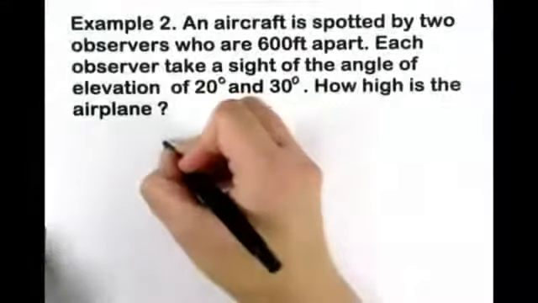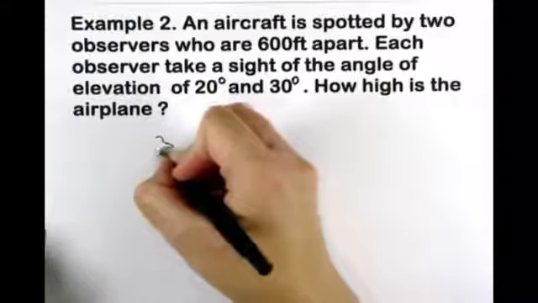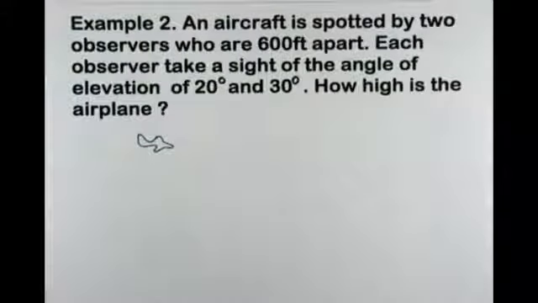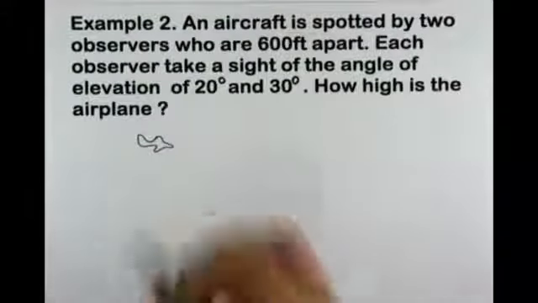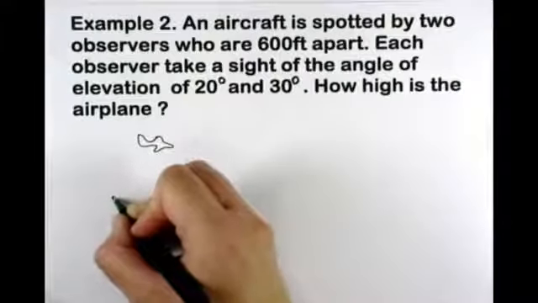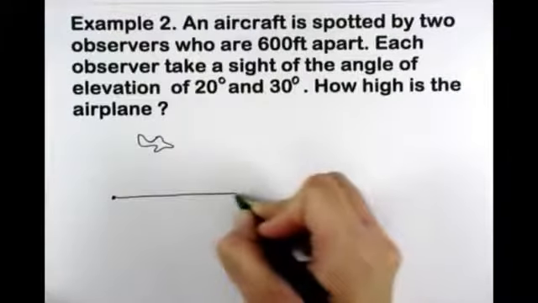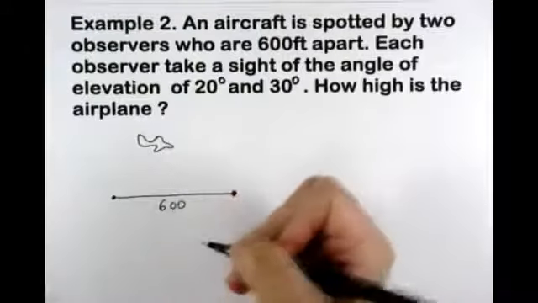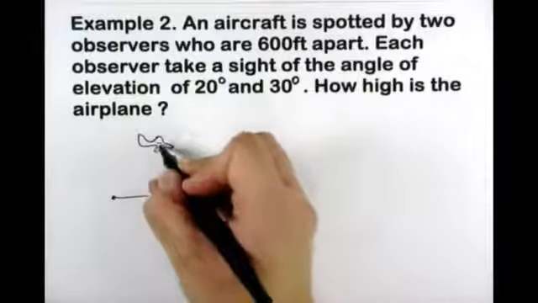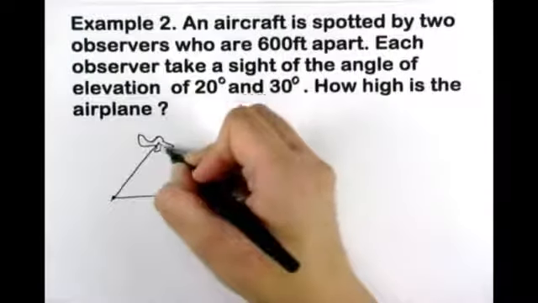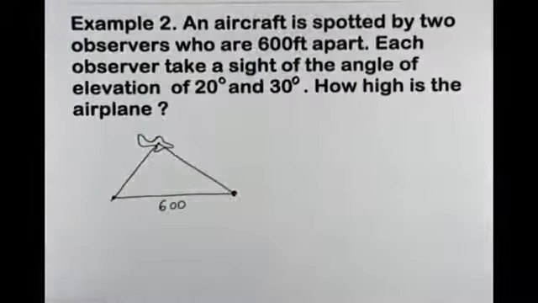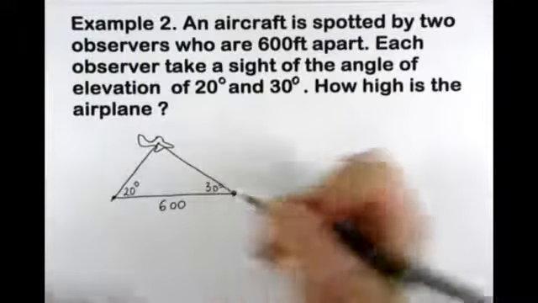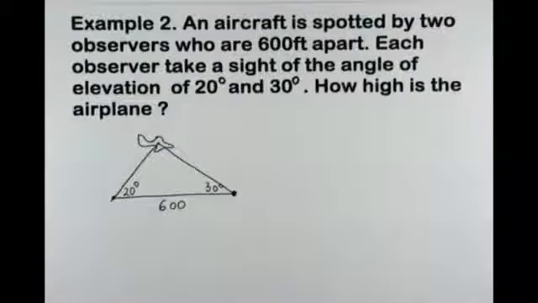So we have an airplane, and we have two observers, observer 1 and observer 2, and they are 600 feet apart. And to the airplane they take sight angles of 20 degrees and 30 degrees, and they ask us to find the height.